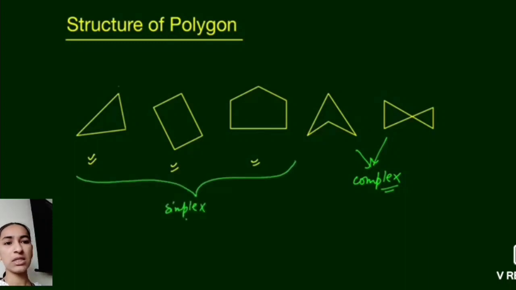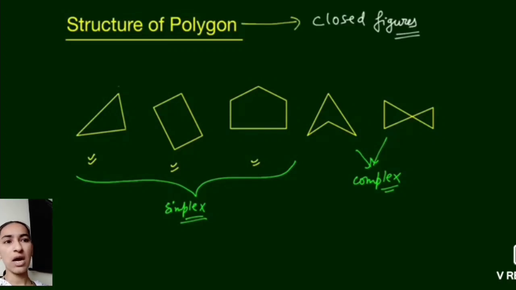These are simple. This is called simple form, this is called complex form, but all of these are examples of polygons. Why? Because they are closed figures. They are not open from any side. Okay students, the first one is closed, whole and complete.